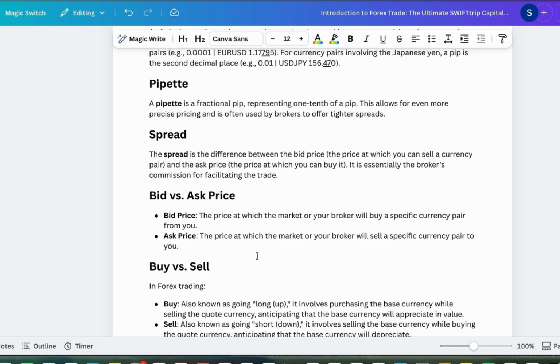So the question is, which one is the bid price, which one is the ask price? Difference between the bid price and the ask price.